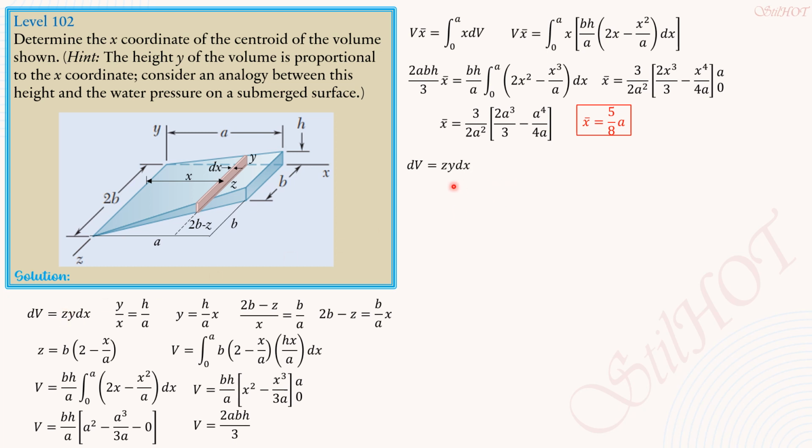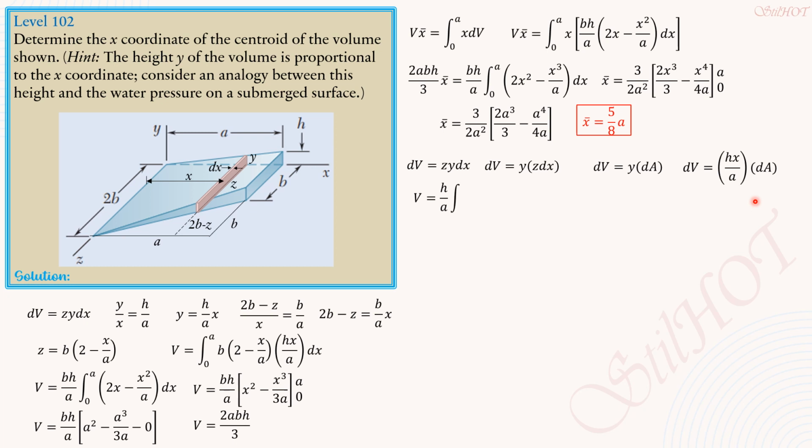So dV is z y dx, so dV is y z dx, and z dx is the area on the xz plane, that's the differential area. So dV equals y dA. Therefore, dV equals h over a times x dA, because that's the value of y dA.